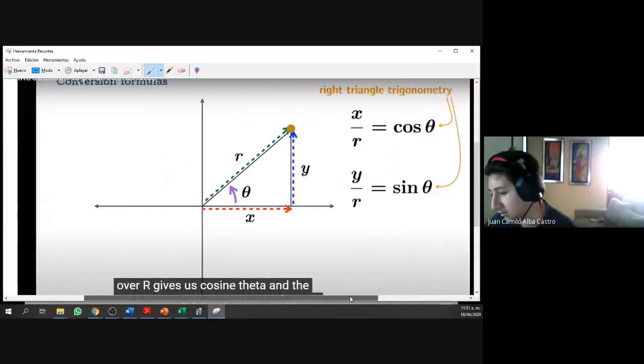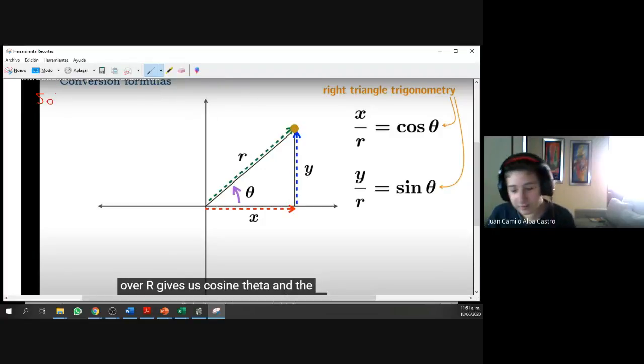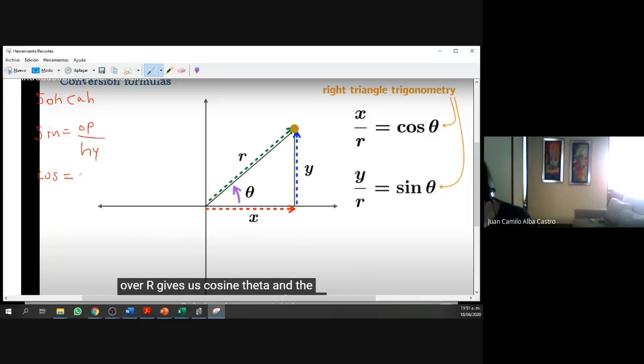SOHCAHTOA, what is that? The SOH means that sine is equal to the opposite over the hypotenuse. The CAH means that cosine is equal to the adjacent over the hypotenuse.